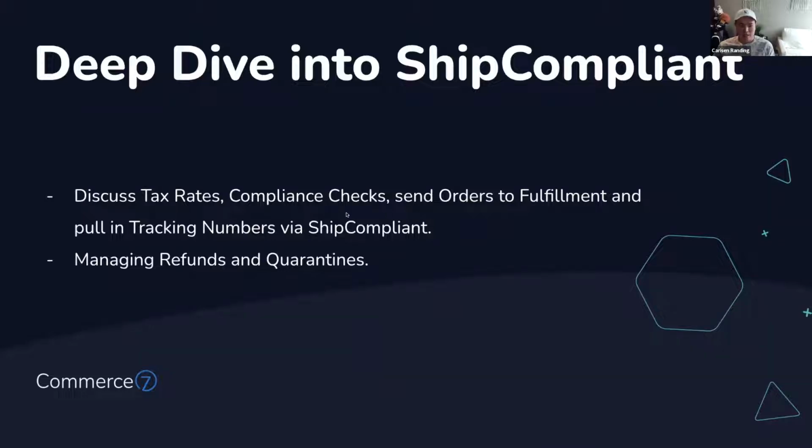So we'll go into more details on what happens in these functionalities that ShipCompliant provides in the later slides. I'll also be talking about two scenarios: how you manage refunds and how it interacts with ShipCompliant, and then also common quarantine scenarios that you may run into.